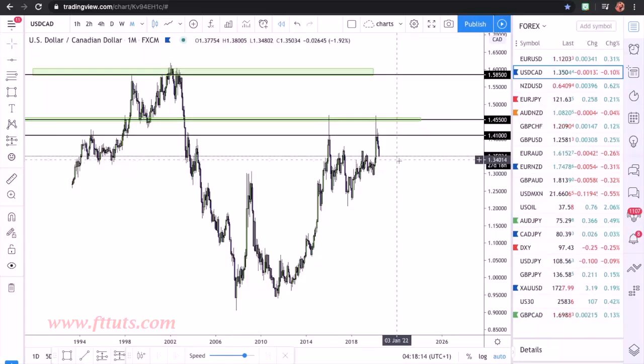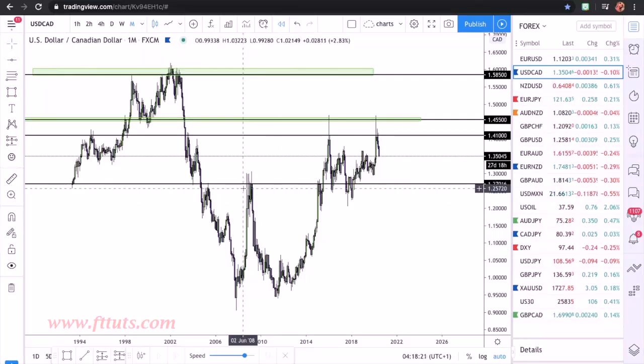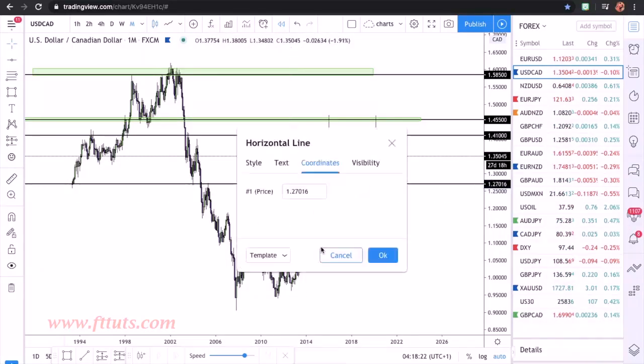And then there's too much going on in here, so I want a clear level. So starting from the start. Okay, this looks good. So 127.